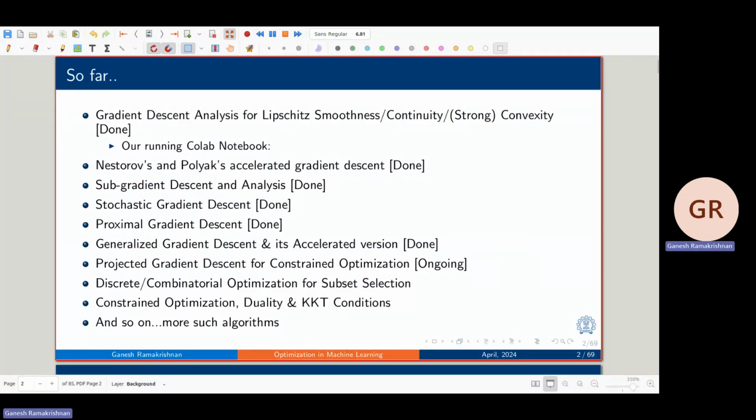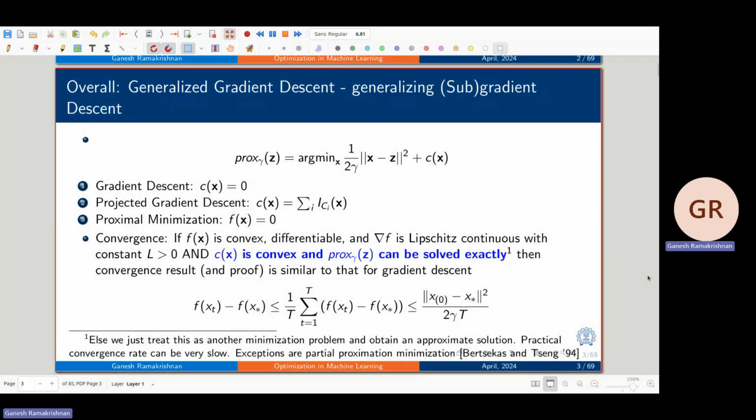So we were discussing how projected gradient descent is a specific instance of constraint optimization. Here's the big picture with generalized gradient descent.